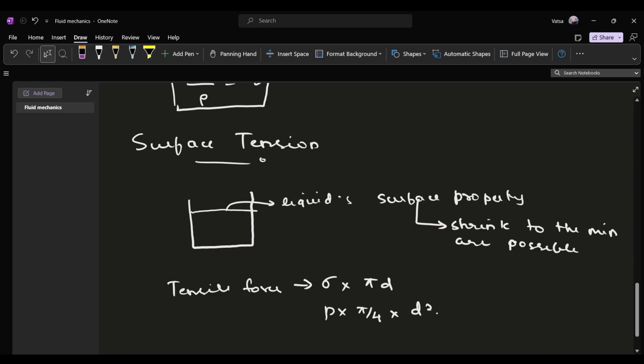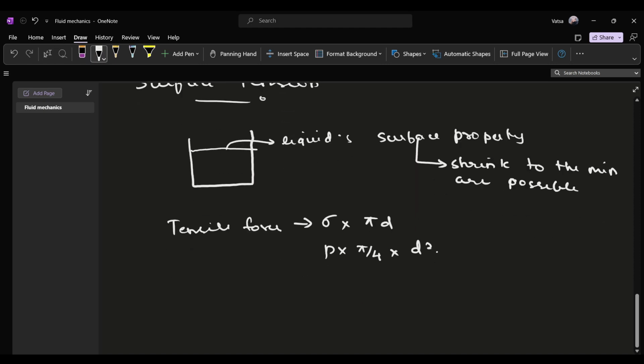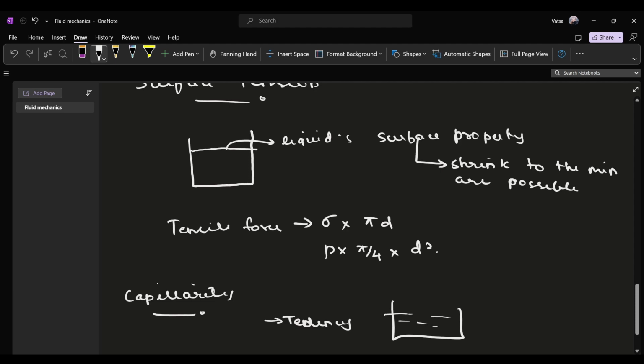Another thing is capillarity. Capillarity is the tendency of rise or fall of a liquid surface in a smaller tube. So basically there is a liquid inside this tube and you insert a smaller tube in this, then there will probably be a rise of liquid here. Or maybe with any other fluid you are using, there could be a fall.